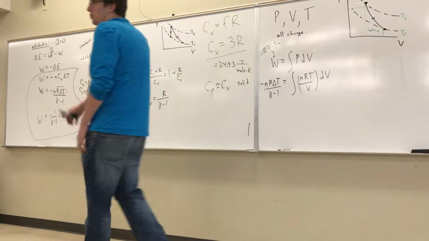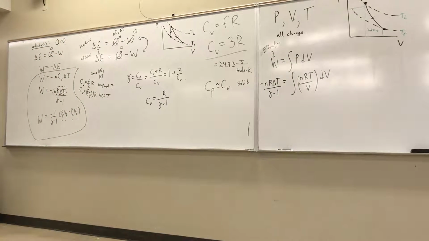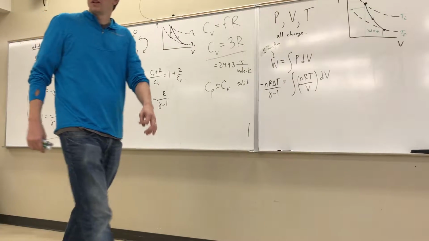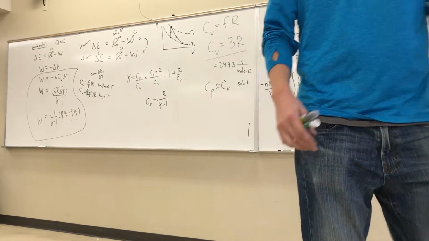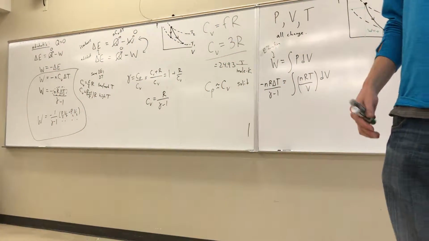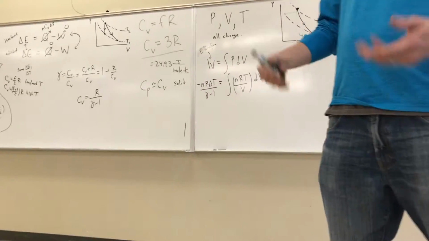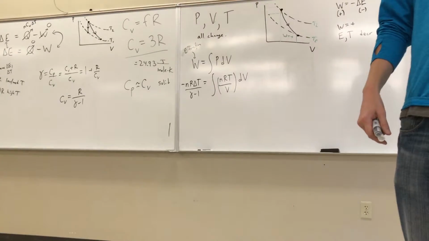Now at this point, my mission becomes unclear. What am I actually solving for? Well, at this point, I just kind of go for it and see what I can get, okay? So does anything useful come out of manipulating this? I'm not really looking for the work because I already know the work. I've come in the back door and I found the work using the internal energy.